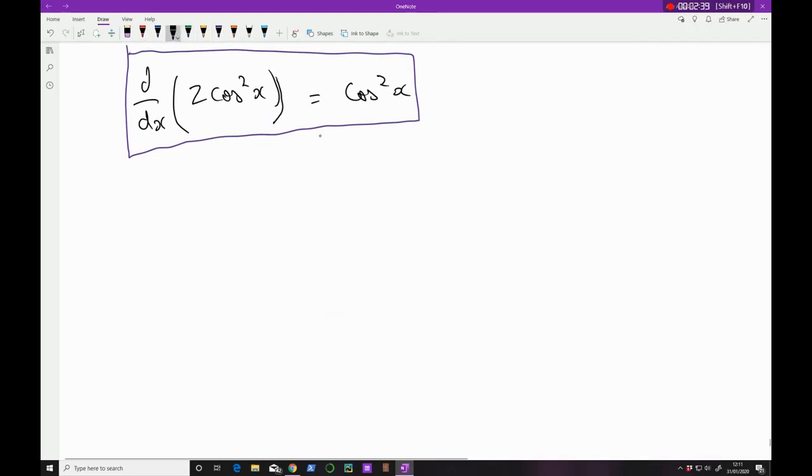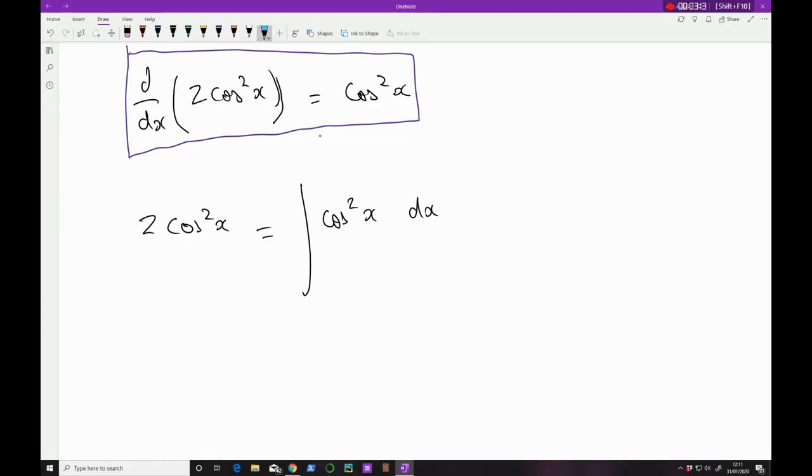So we need to take this dx to the other side and begin to integrate. So the left hand side is z cos squared x, and the right hand side is going to be the integral of cos 2x dx. Now I don't know how to integrate this. But what I do have in my repertoire are trigonometric identities.